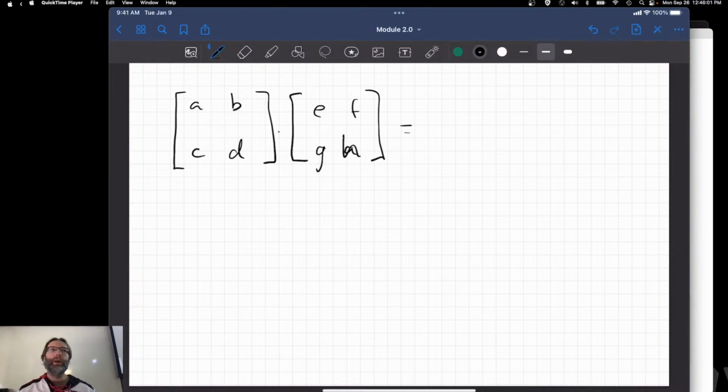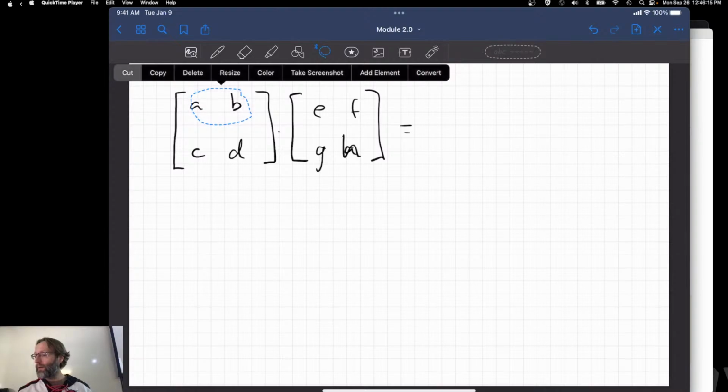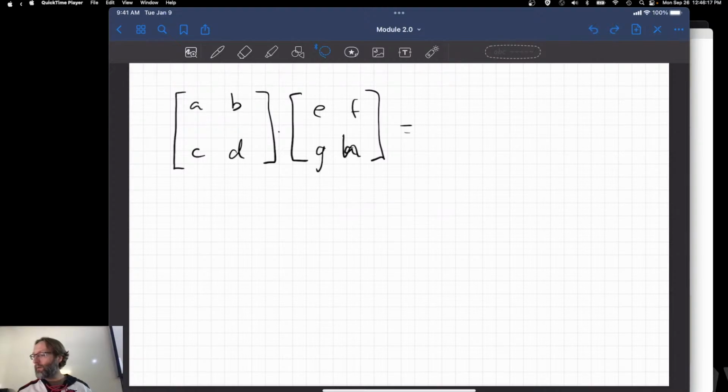So if I want to multiply those two matrices together, what do I do? I take A, B, copy, and paste, and I flip it like that, and then what do I do with it?